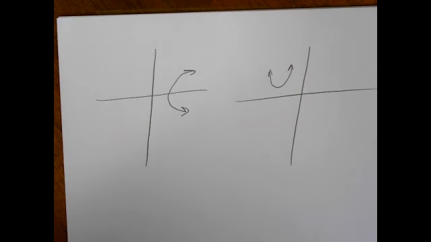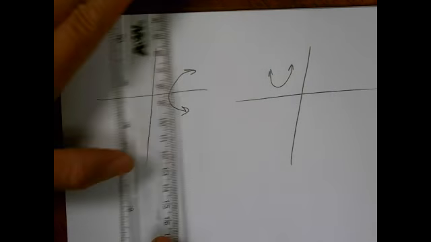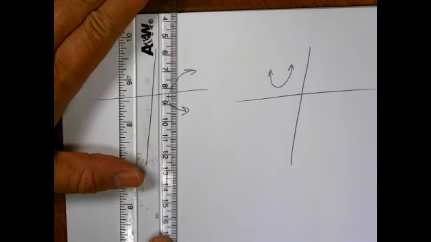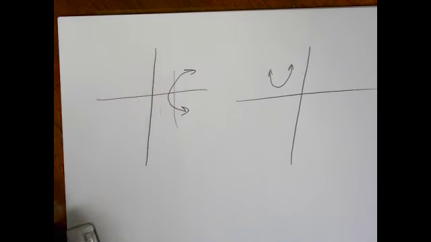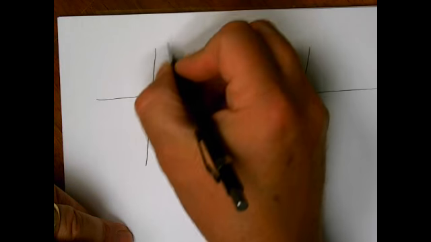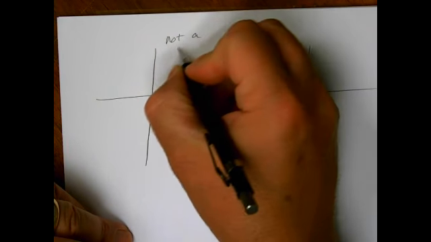The way you've been taught to spot them is through something called the vertical line test. And it's an extremely good technique if you have a good graph in front of you. For example, on this particular parabola, I can draw a vertical line right here and strike it more than once. So this is not a function.